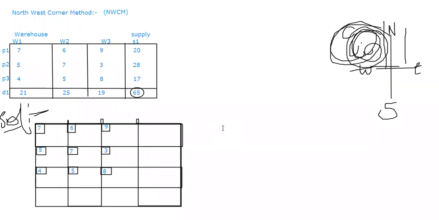Now once I have assigned the prices, I need to go for assigning the quantities. How many of a product do I have to assign? So what did I say? Northwest means the maximum part we are going to assign here, in this part.